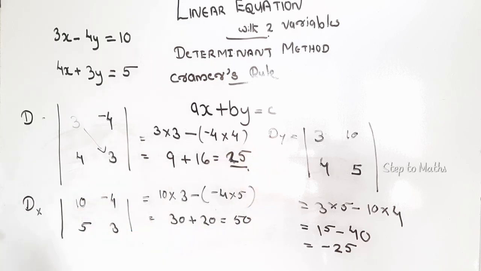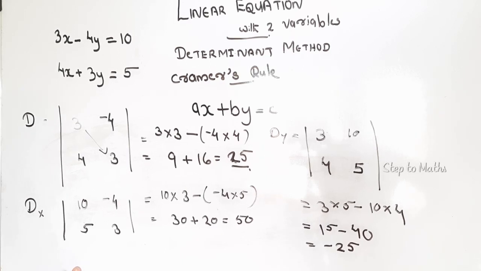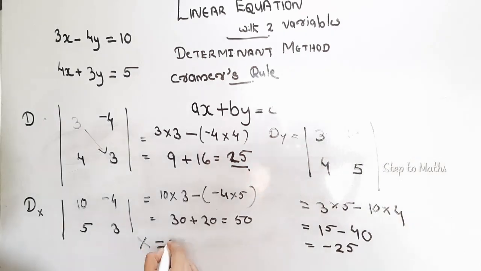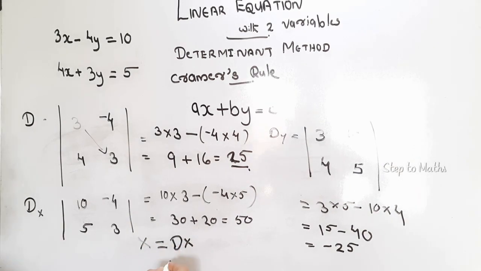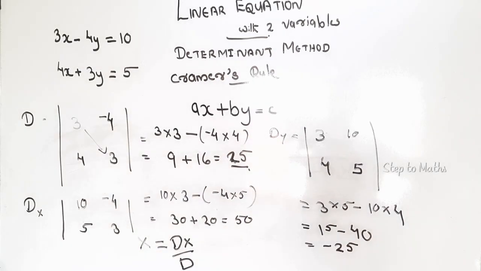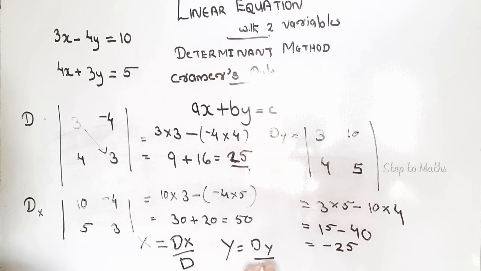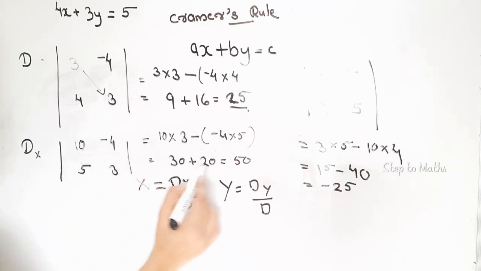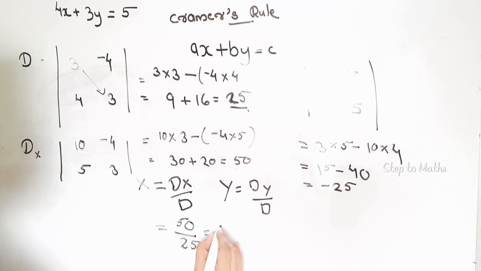Now we can find the values of x and y. The value of variable x is dx by D, and the value of variable y is dy by D. For dx by D, the value of dx is 50, and the value of D is 25. That is 2.